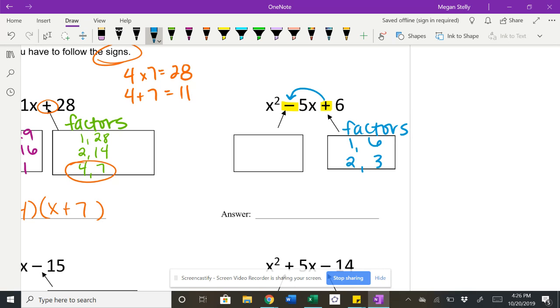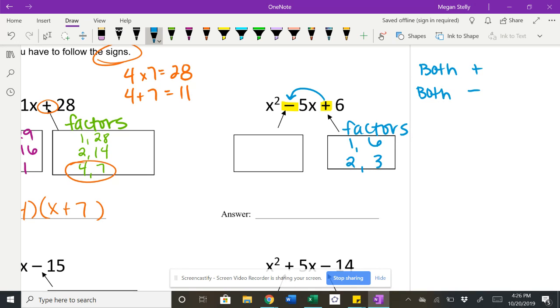A positive times a positive is going to equal a positive. A positive times a negative, or a negative times a positive, is going to equal a negative. But a negative times a negative is going to equal a positive number as well. So because my last number is positive, I have two options. Both my factors can be positive, or both my factors can be negative.